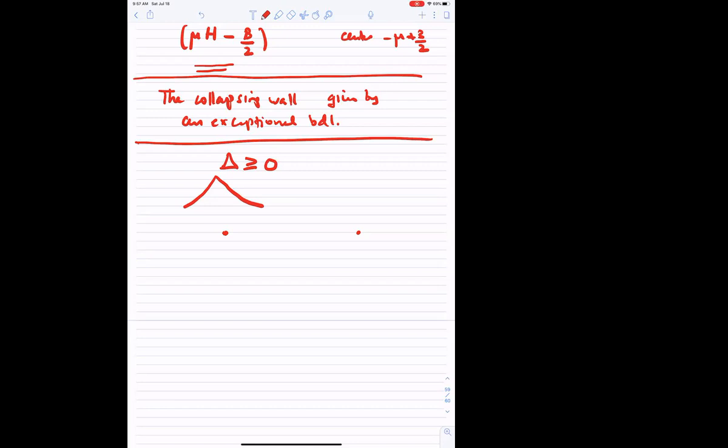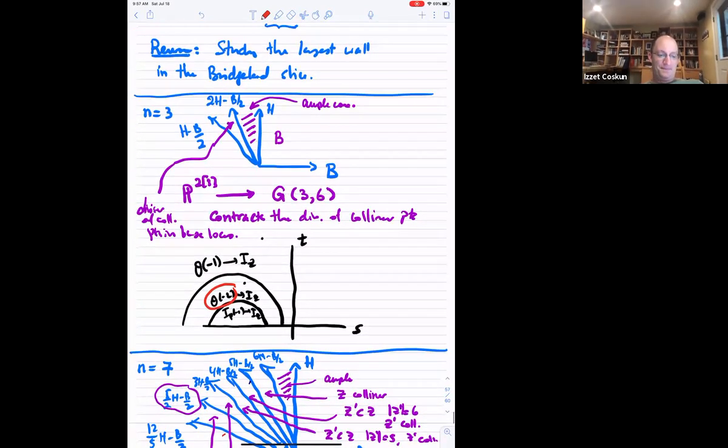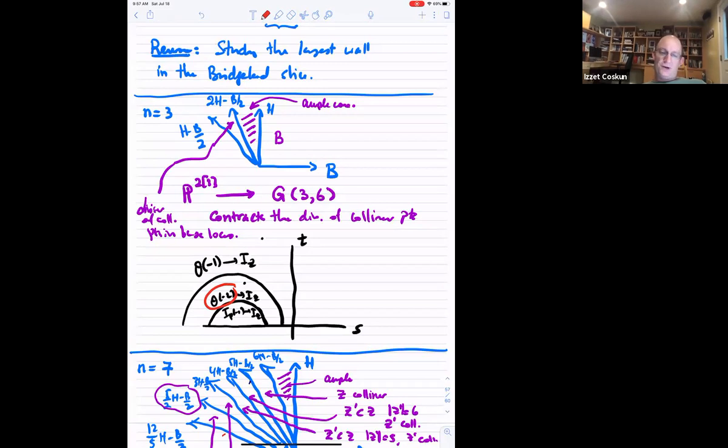Could I ask a question about the n equal 3 picture? Yeah, let's find the n equals 3 picture. So in this case, when you cross the largest wall, the destabilized locus is a divisor. So when you cross that, that's just a divisorial contraction? That's just the divisorial contraction, yes.